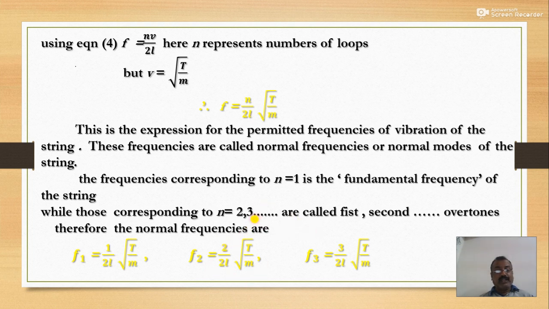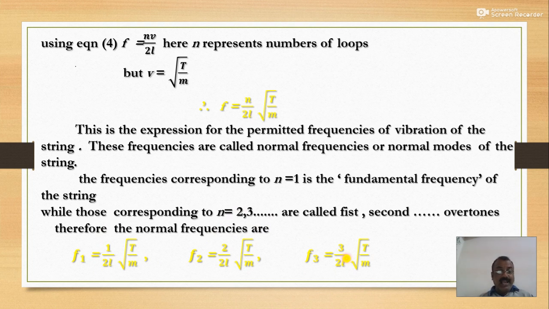If n = 3, then f3 = 3/2L times the square root of T by m. This is known as the second overtone. These are the expressions for the fundamental frequency, first overtone and second overtone.